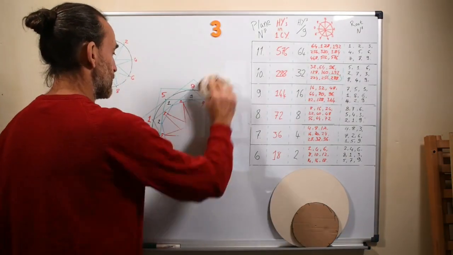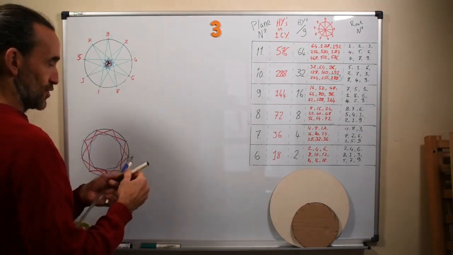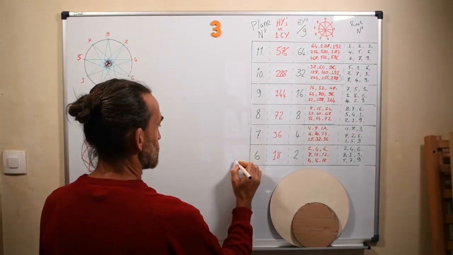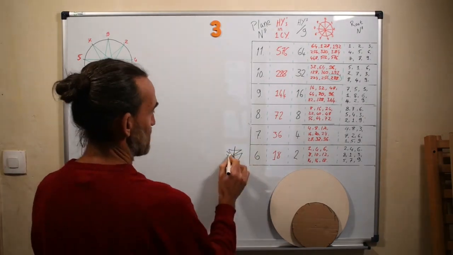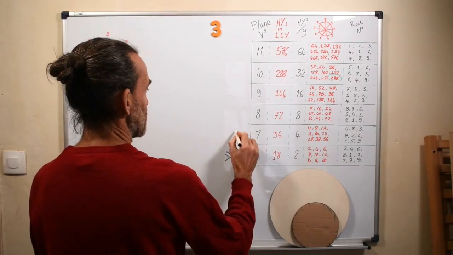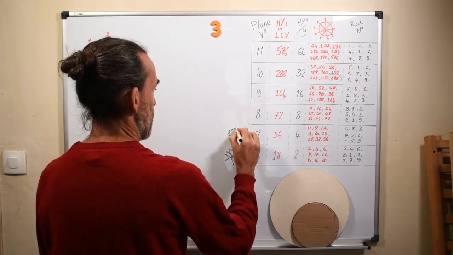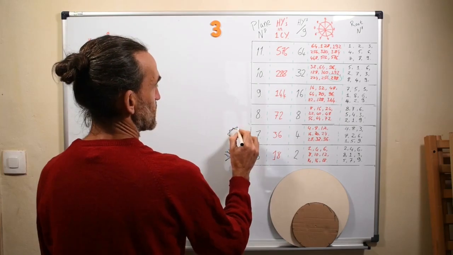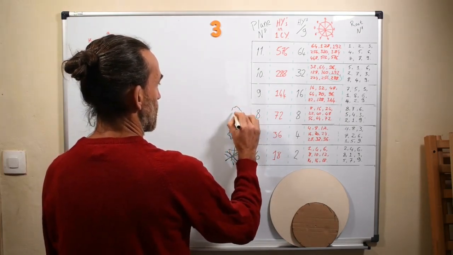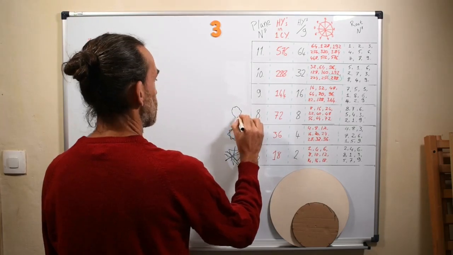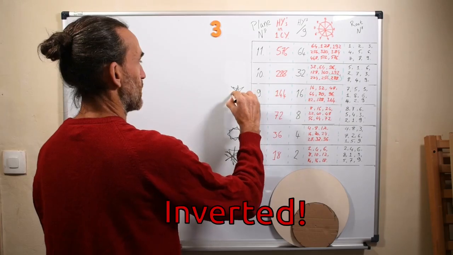Let's get rid of all this for now, and then I can just show you briefly that this is the 9-pointed star. This is the expanded 9-pointed star. This is the polygon, if you like. Then we got the 9-pointed star like that.